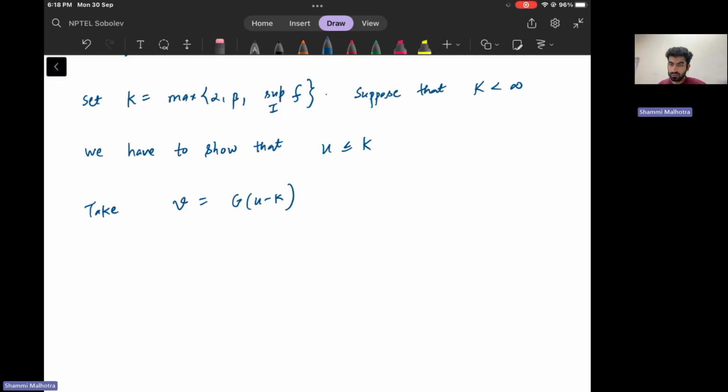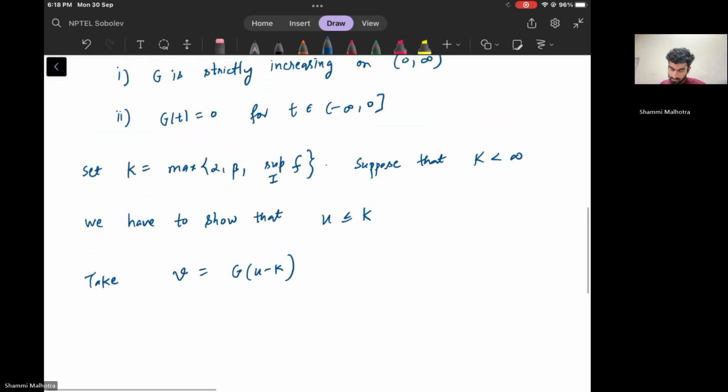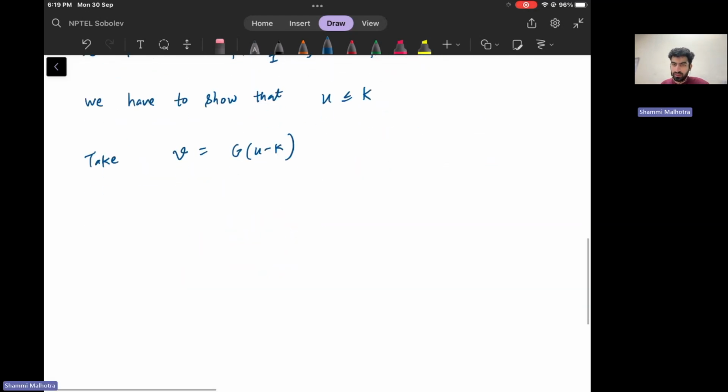G of u minus k is a composition function, and since g is C1, by the composition theorem, this g of u minus k actually turns out to belong to H1 of I.